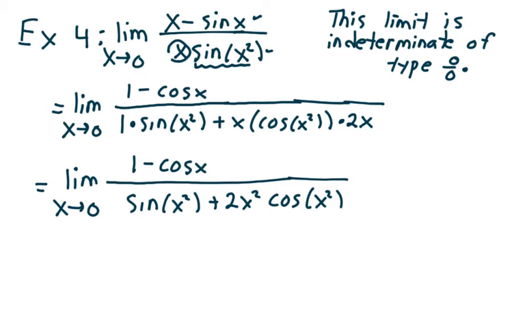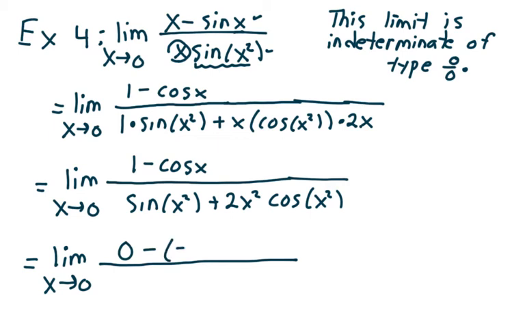And believe it or not, this still has the indeterminate form of 0 over 0. And so I'm going to go through L'Hopital's rule yet again and take the limit as x goes to 0, right? Now, the top is 0 minus negative sine x.